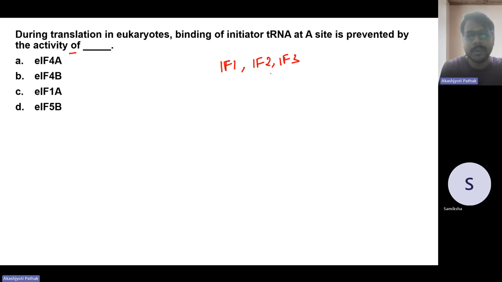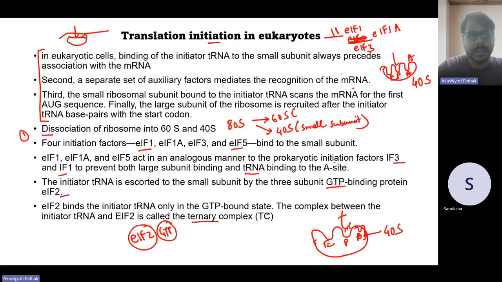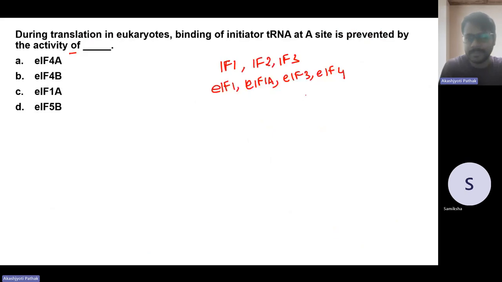In eukaryotes you have initiation factors EIF1, EIF1A, EIF3, and EIF5.